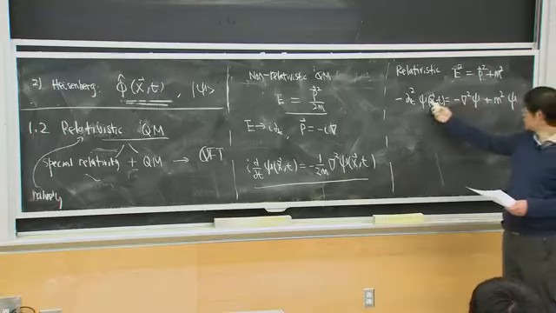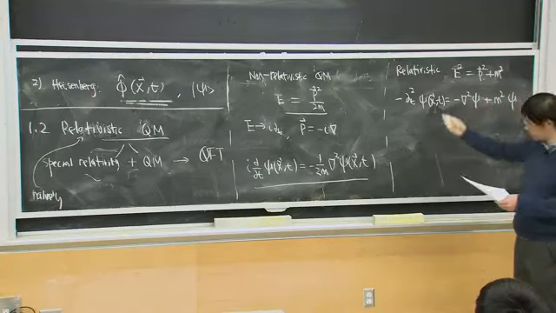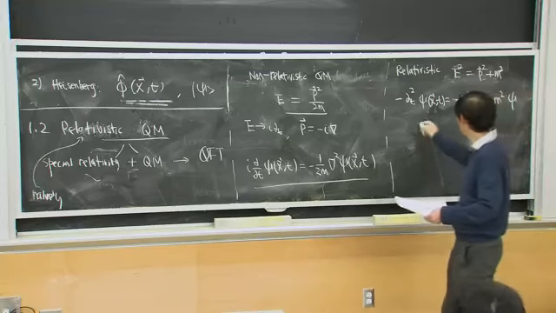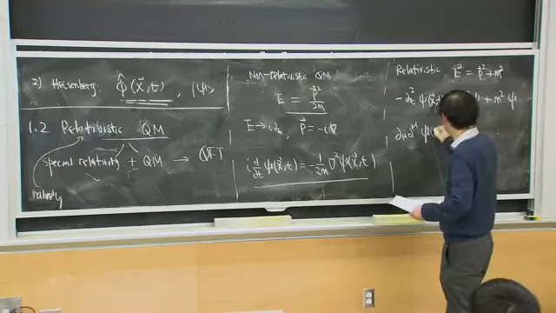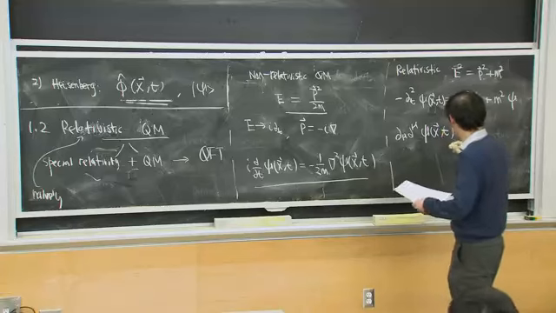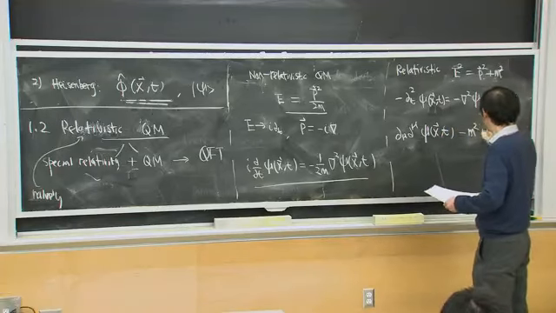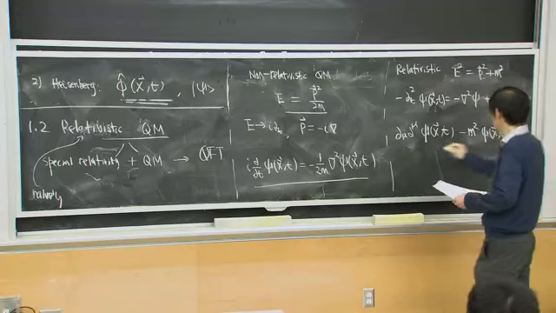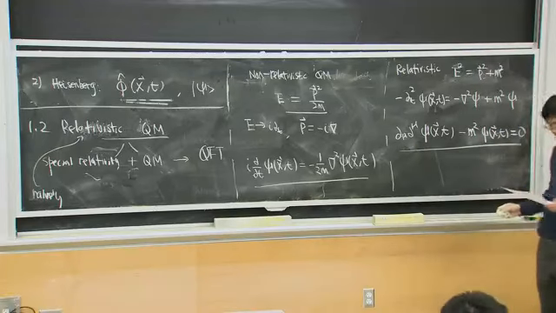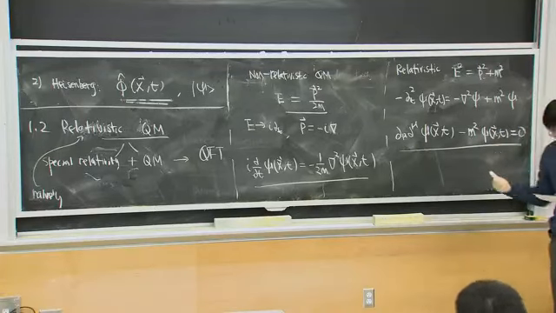So now let's combine this derivative together, or put all this on the same side. And then what you find is partial mu partial mu, that's what you get. So does this equation look familiar?